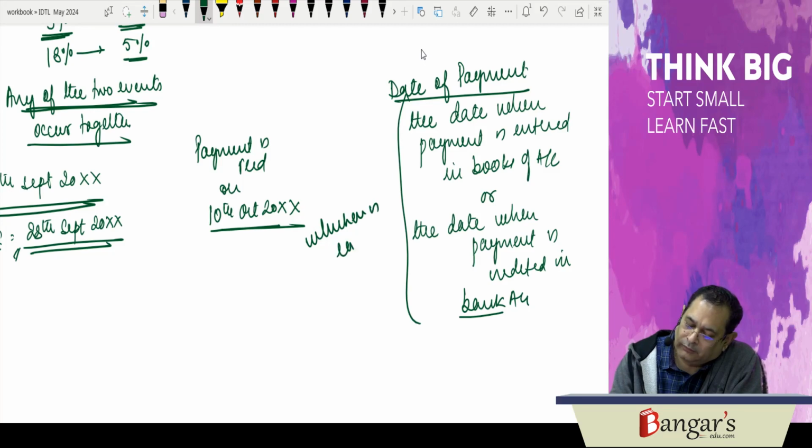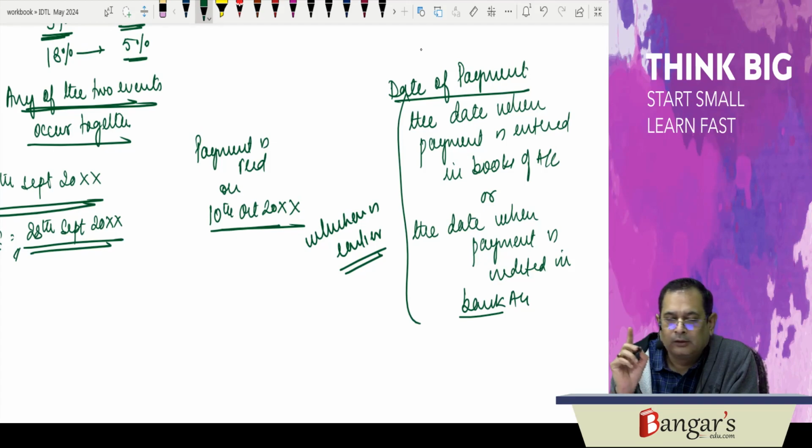We have seen this. This is basically the date of payment.